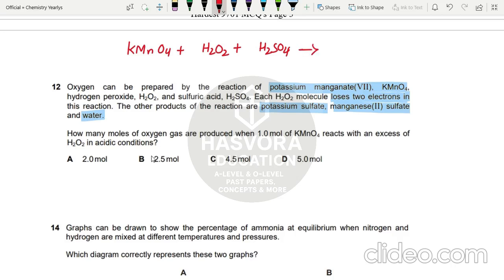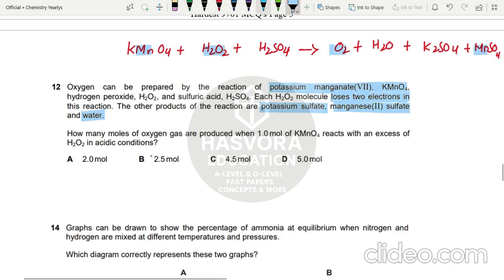It produces oxygen, water, and also potassium sulfate plus manganese sulfate, MnSO4. So now the thing we are concerned with is the manganese, because it goes from manganese in KMnO4 to manganese sulfate, and the other thing we are concerned with is the hydrogen peroxide to oxygen.